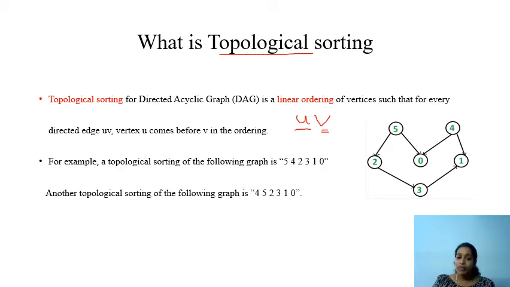There are various topological orderings possible for this graph. One of the orderings is 5, 4, 2, 3, 1, 0. And many other orders are possible here.